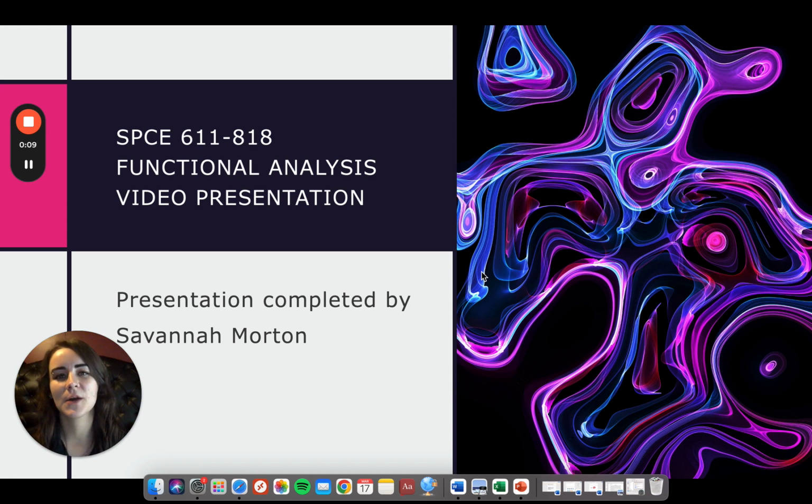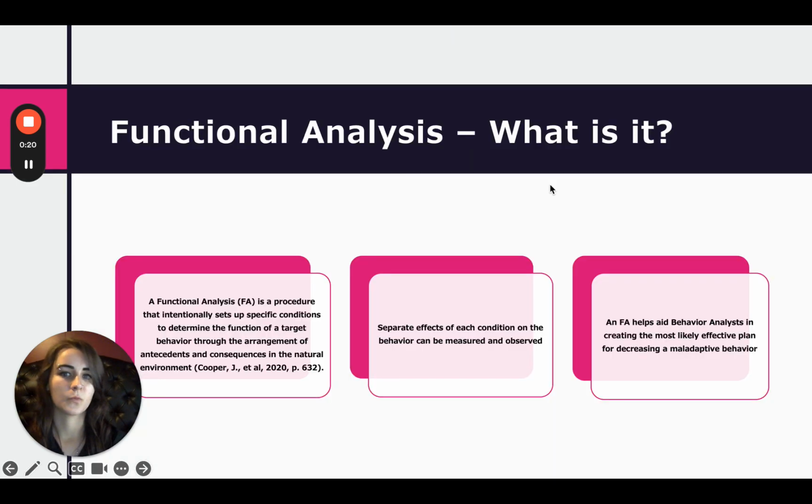And today I'm going to be going over with you guys how to correctly implement functional analysis procedures. First and foremost, what we need to know with functional analysis procedures is what they are. So a functional analysis is essentially a procedure that intentionally sets up specific conditions to determine the function of a target behavior.